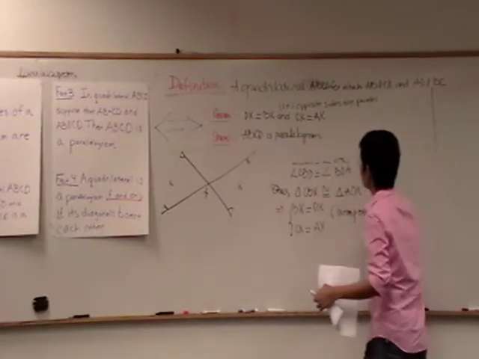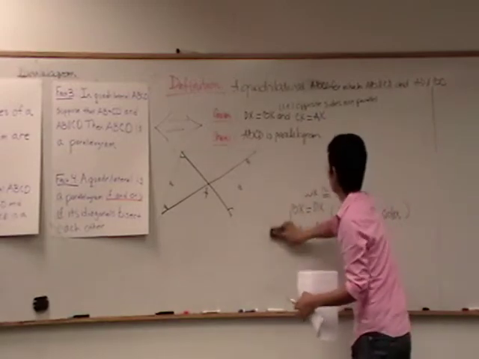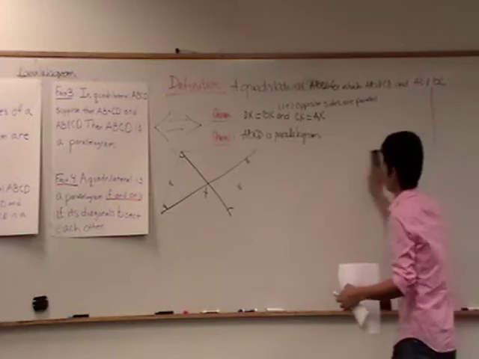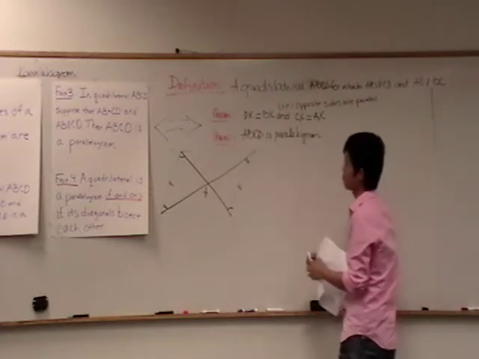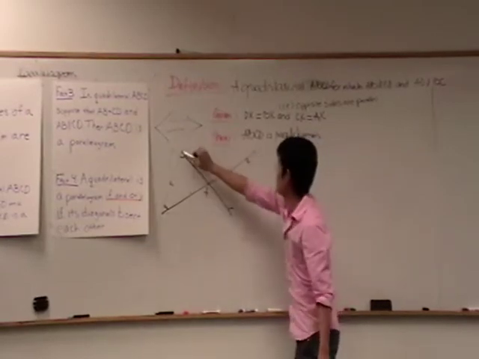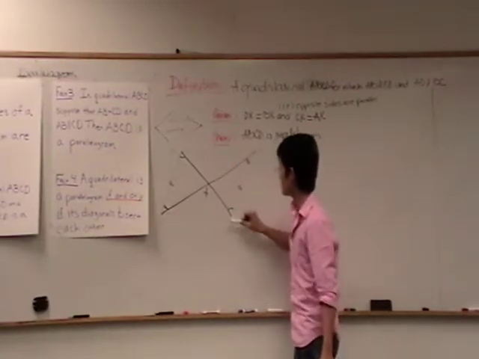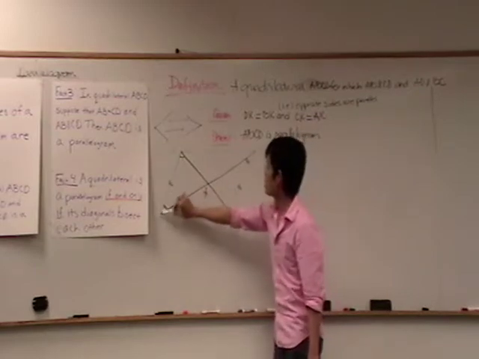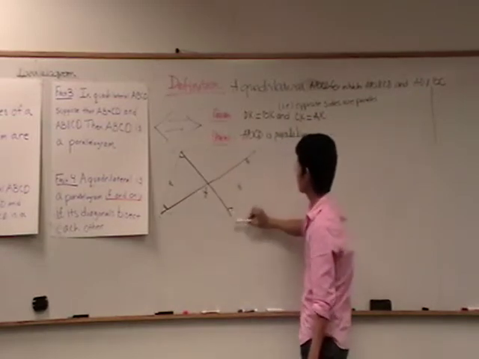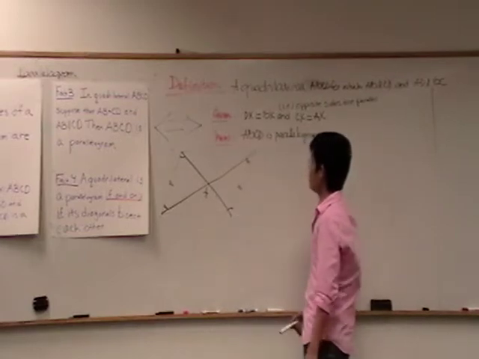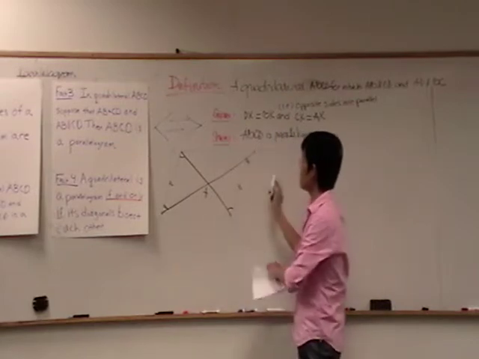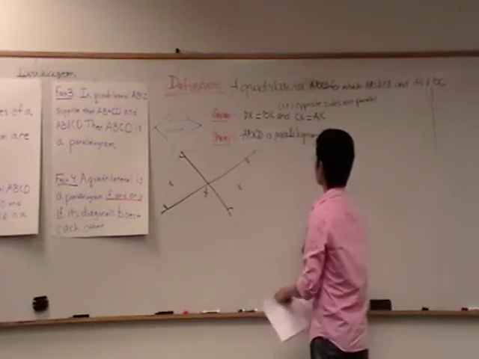And now we have many ways to do it. Like we can show AD equal BC and AD equal DC, or we can show AD equal BC, then AD parallel to BC, or another way like AB equal DC and AB parallel to DC.